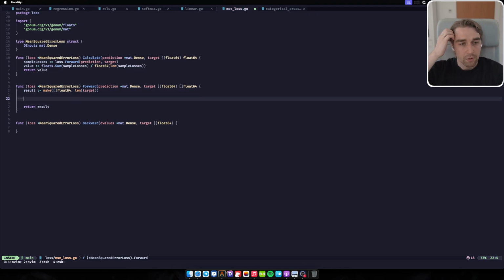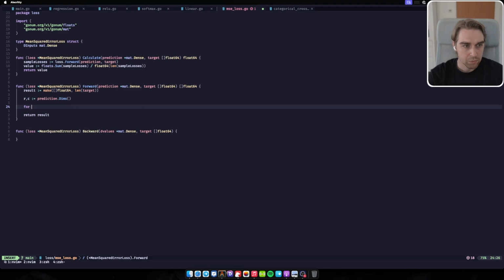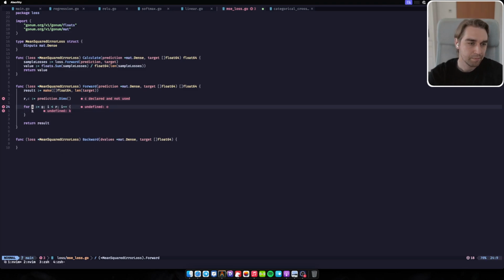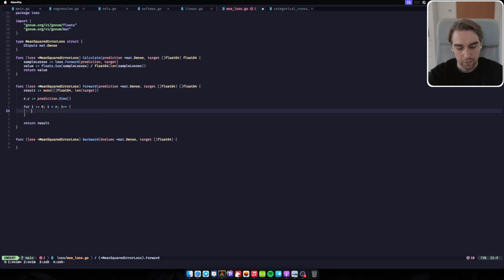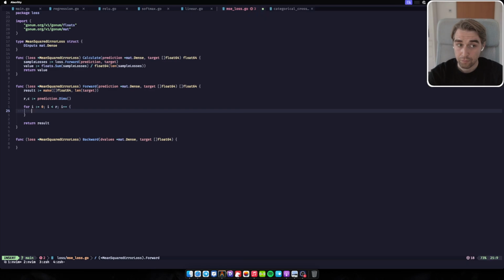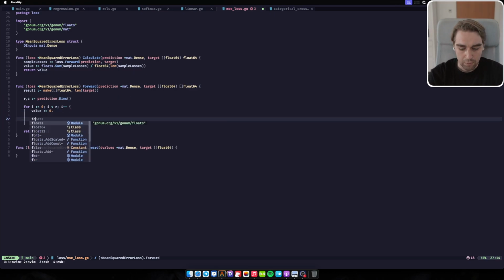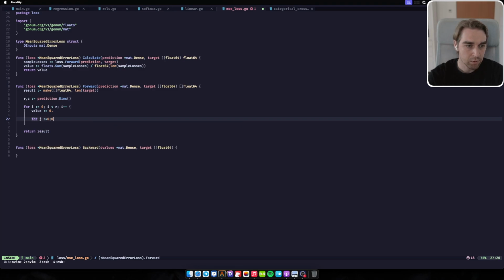Then what I need to do, I need to go over rows and columns of the prediction, and for each value, for j equals 0, j less than columns, j plus plus.